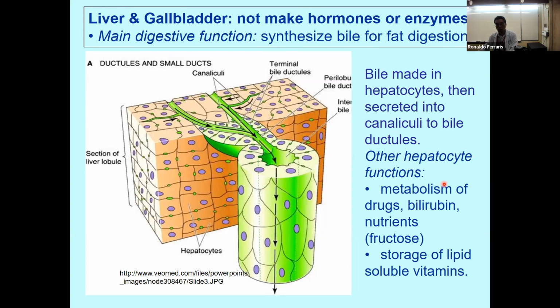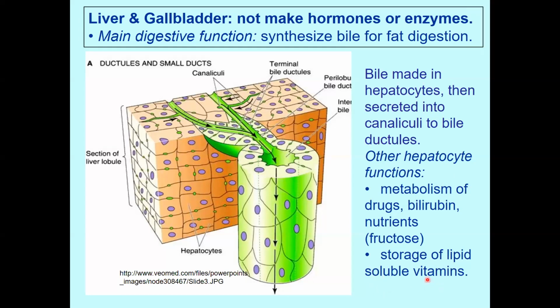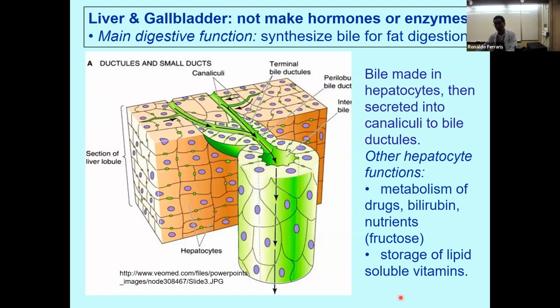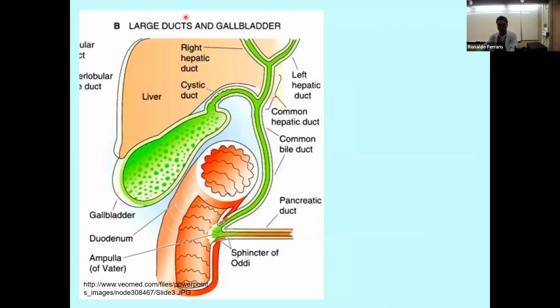There are also other functions which I will be covering today, mainly the metabolism of bilirubin, which is a breakdown product, a pigment of your hemoglobin, and the storage of lipid-soluble vitamins, which I will cover next week. So from the liver, between meals, the sphincter of Oddi is closed.